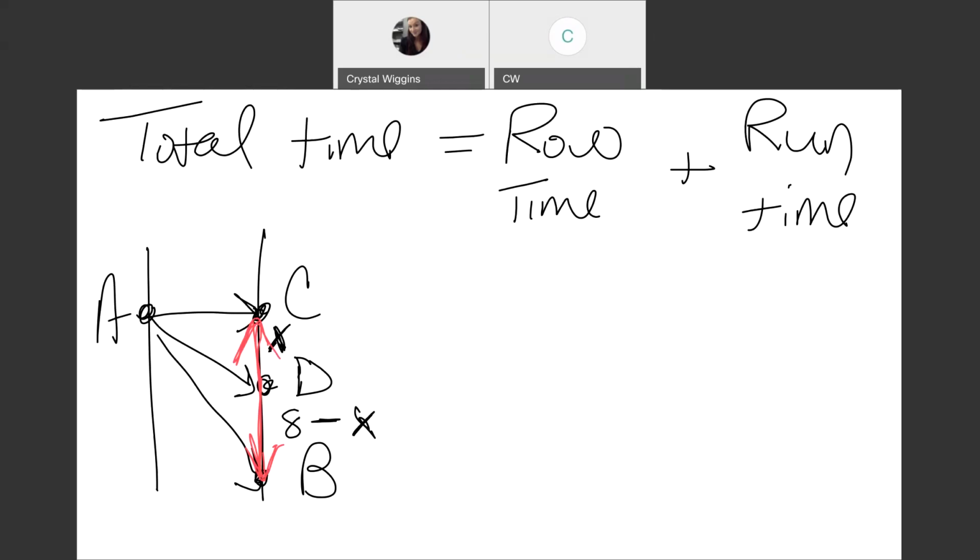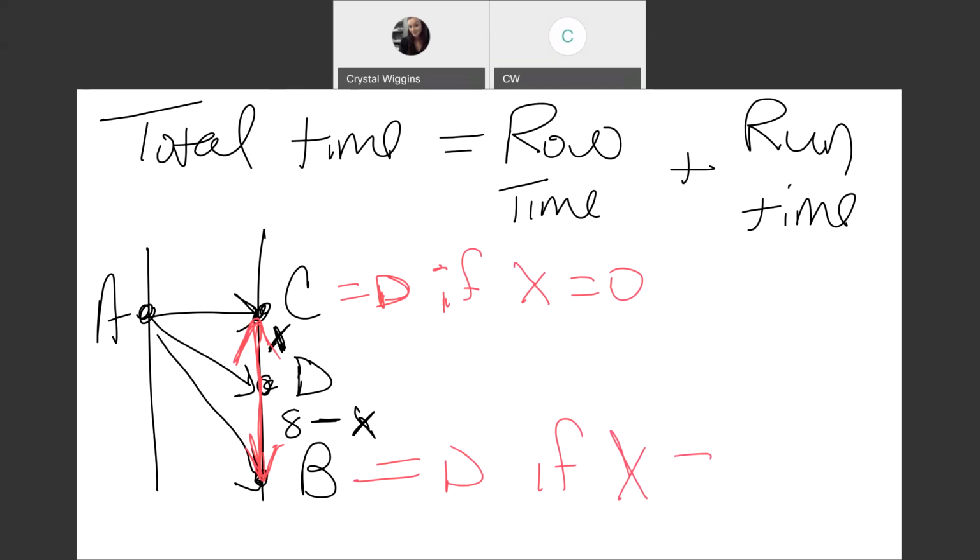So again, C would equal D if x is 0. Okay, because if x is 0, then D is the point C. If x is 8, then B is the same as D. Okay, and if x is anything in between 0 and 8, then it is some other point on the river. Hopefully that helps see where we're going with this.